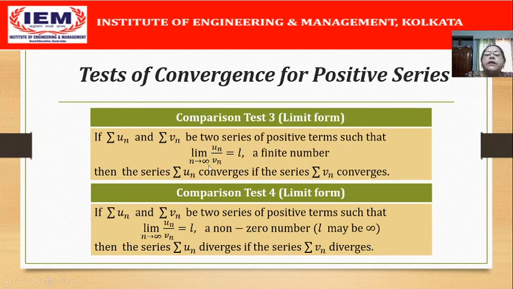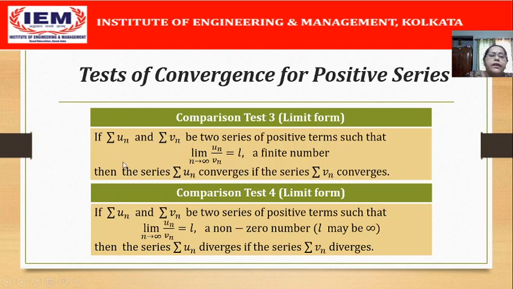Now we will see some examples to see how we can apply these tests to examine whether a given series is convergent or not. So we can understand from these tests that given a series to examine, what we need to do is choose a second series.